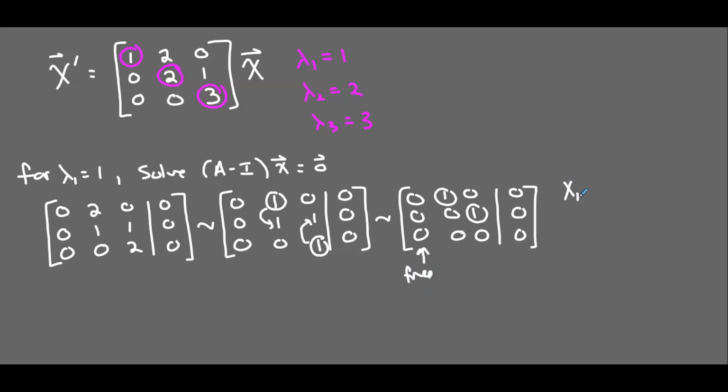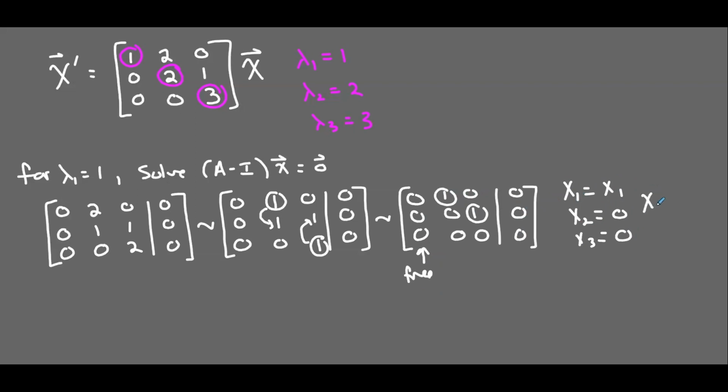So x1 is free, so I can let it be anything I want. For x2 and x3, these equations both tell me that they're equal to 0. So any vector that's a constant, 0, 0 is going to be an eigenvector for lambda equals 1.